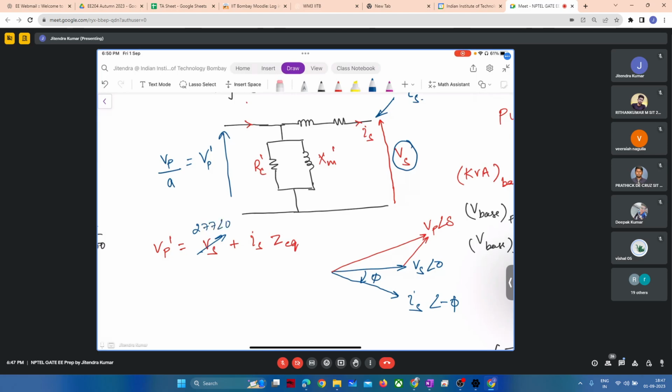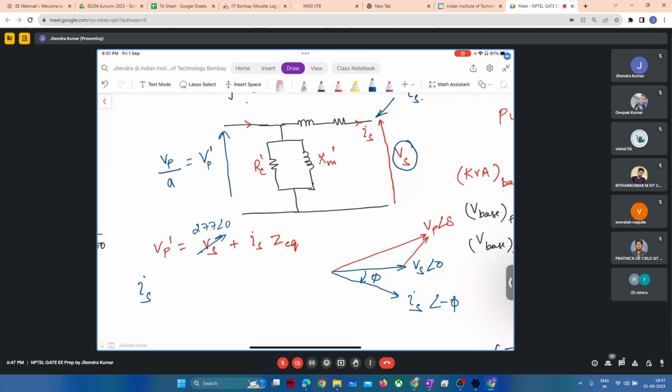Is we don't know; we need to compute Is. Z equivalent we know because we computed it in part A, so we will take it from there, where Z equivalent is equal to R equivalent plus jX equivalent, and R equivalent is nothing but R2 plus R1 into N1 by N2 whole square.